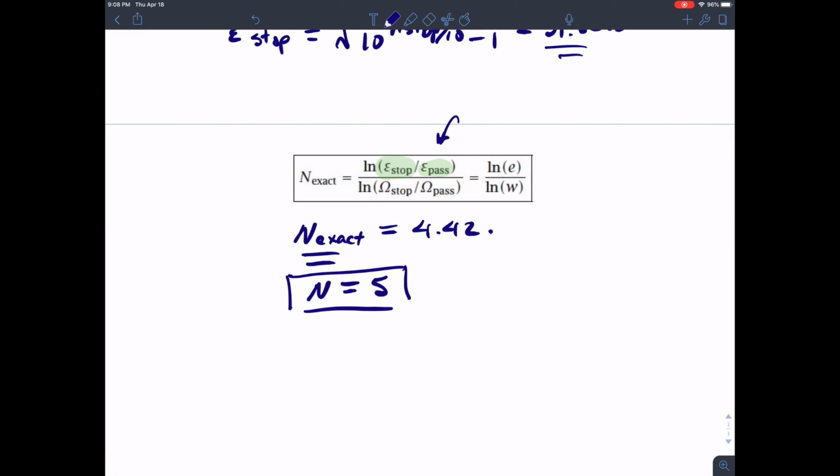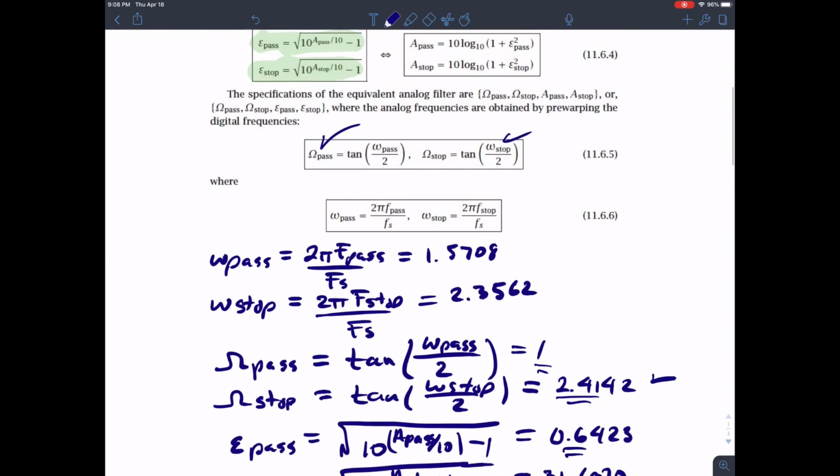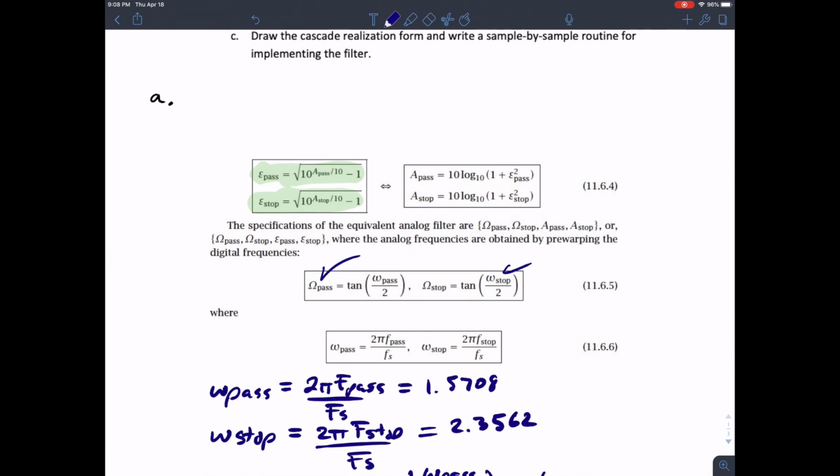From there, we can calculate the cutoff frequency. For the cutoff frequency of the filter, you can use either the formula for the pass band or the stop band, depending on your preference, or you could use somewhere in between.